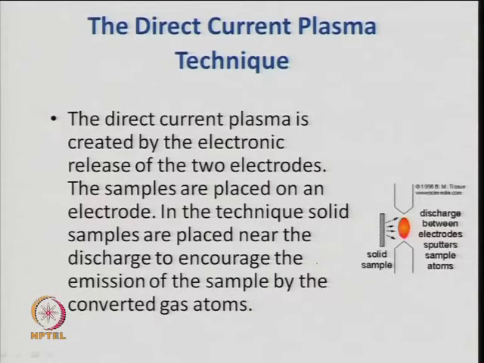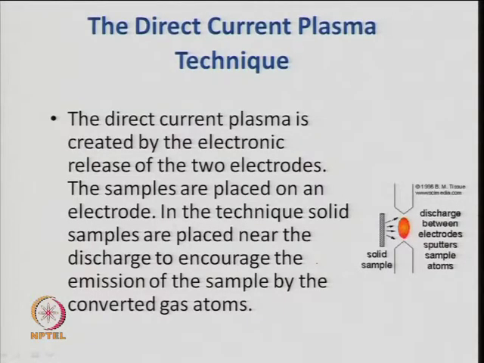Now the direct current plasma technique. I am just talking about the principle, not in detail. The direct current plasma is created by the electronic release between two electrodes. Very high voltage electrodes are used. The samples are placed on an electrode.